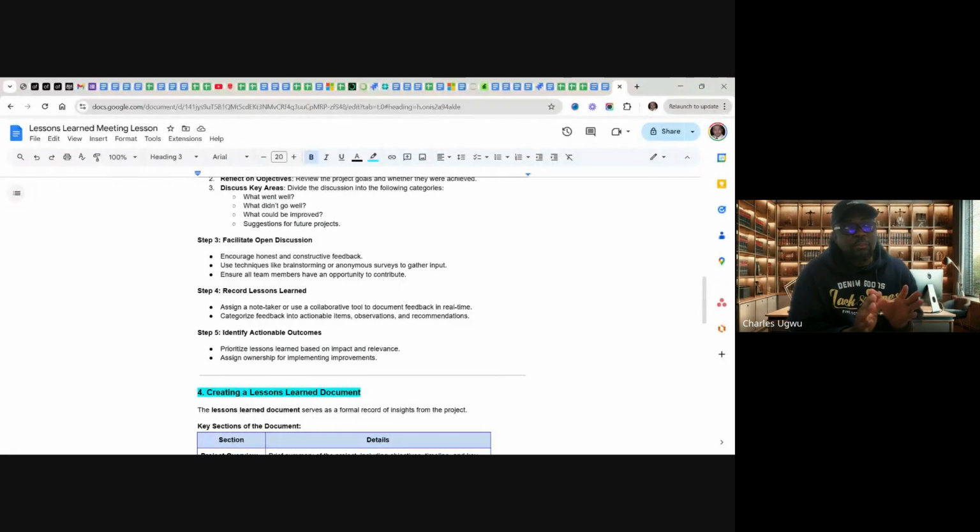If there are improvements that need to be implemented, more especially if you are working for the organization on a permanent basis, a project ending doesn't mean that the organization is ending. That particular project ending, you might be prepping for another project. It happened like that.